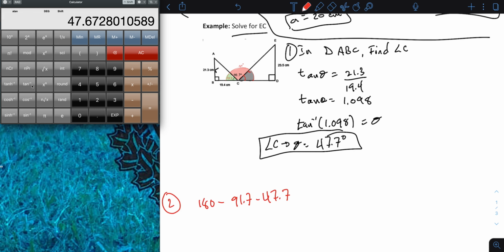That's going to equal this black section here. So you're going to get 180 minus 91.7 minus 47.7. It's 40.6 degrees. And we're almost there.